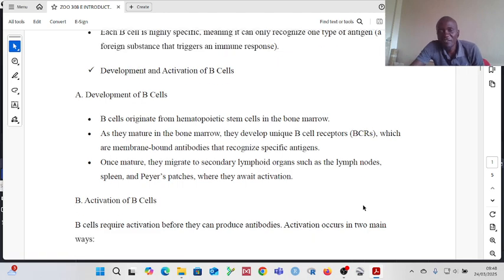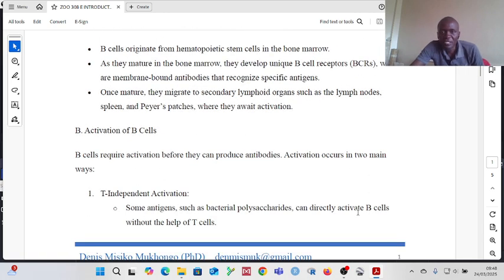So how does the activation of these B cells occur? Before the B cells can produce antibodies, they have to be activated. And this activation occurs in two main ways. One is an activation that happens independent of the T cells, so without the help of the T cells.